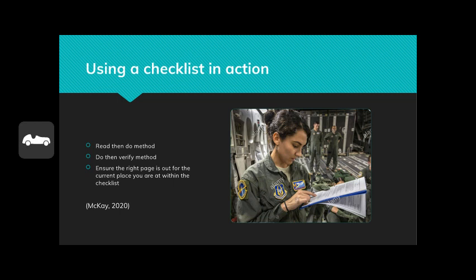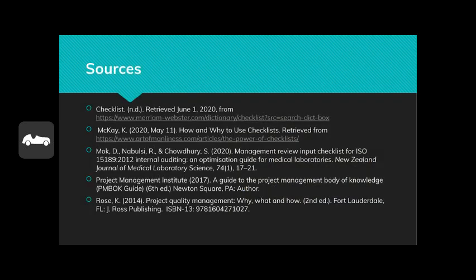Well, you of course would have had to set up the oxygen before you ever took off, had wheels up in the air. So you would have definitely been dinged for that from a safety perspective on the aircraft. I also pulled that from McKay 2020. So super big in safety. Checklists can be an absolute godsend for safety and quality.